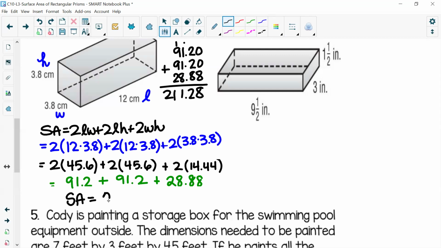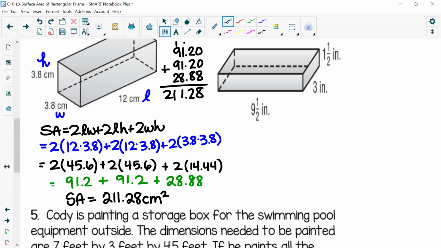So we have 211 and 28 hundredths centimeters squared. So 91.2 twice, and then we added the 28.88. So we have 211 and 28 hundredths.